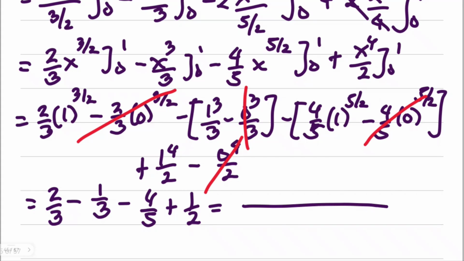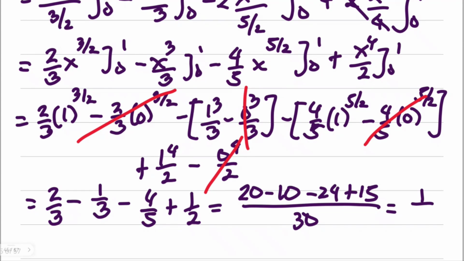So for the LCD, I believe it's actually equal to 30. So you have here 20 minus 10, times 6 is minus 24, plus 15. That's actually 35 minus 34, 1. So you will have here a result of 1/30.